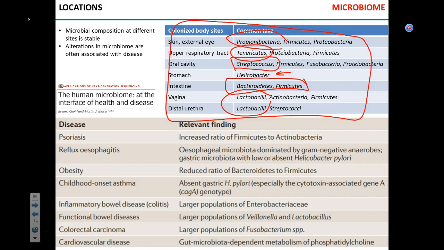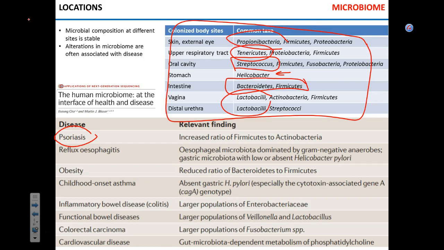But my point is, if you look at different diseases associated with the human microbiome, it's actually very telling. Say, take psoriasis. You all know what psoriasis is. Skin disease, right?